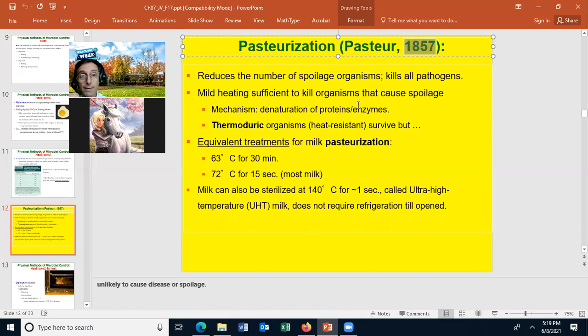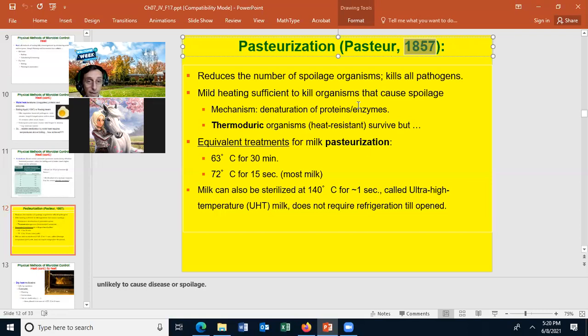But there are organisms in there. And that's why pasteurized milk does have a shelf life, even if you don't open it and you leave it in the refrigerator. It does have microorganisms in it, and it will eventually go bad. It's much longer, though, how long it'll last, compared to something like raw milk. I'm sure nobody has ever gotten that because they don't sell it anymore in almost all the states in the United States.